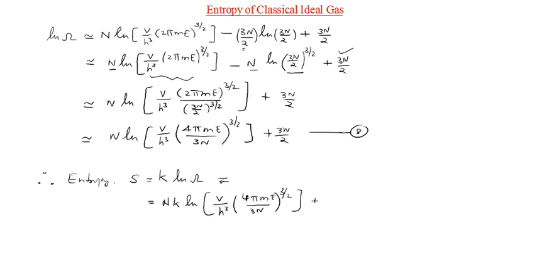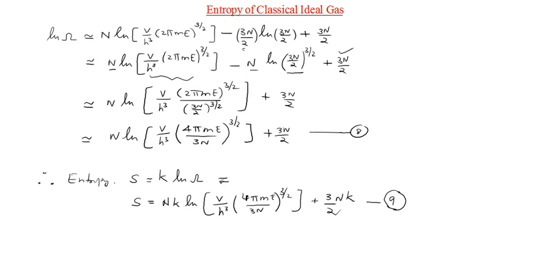I'm multiplying with the k both the terms, so it would be 3 by 2 nk, S equal to, right? So that is our equation number 9.